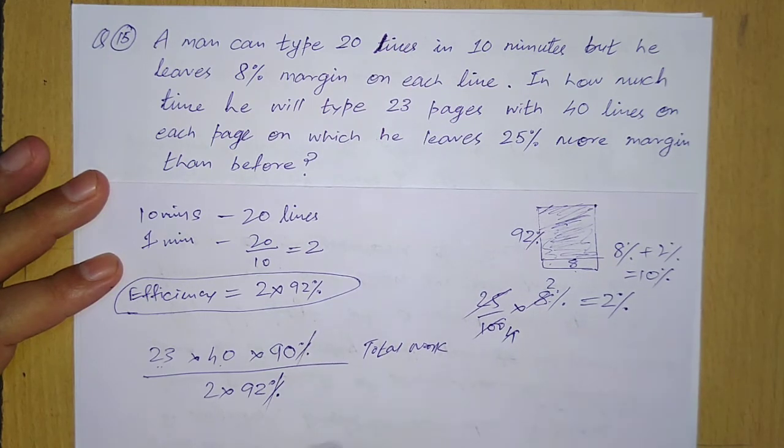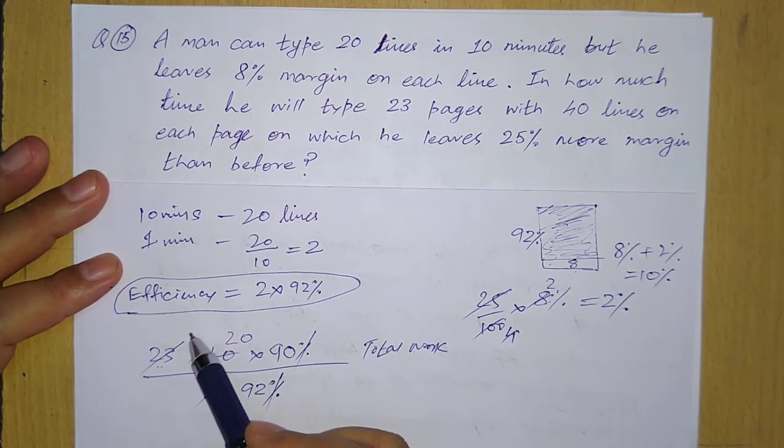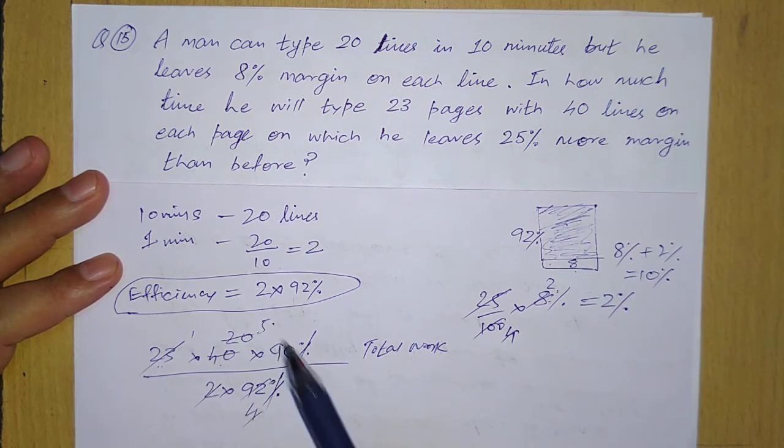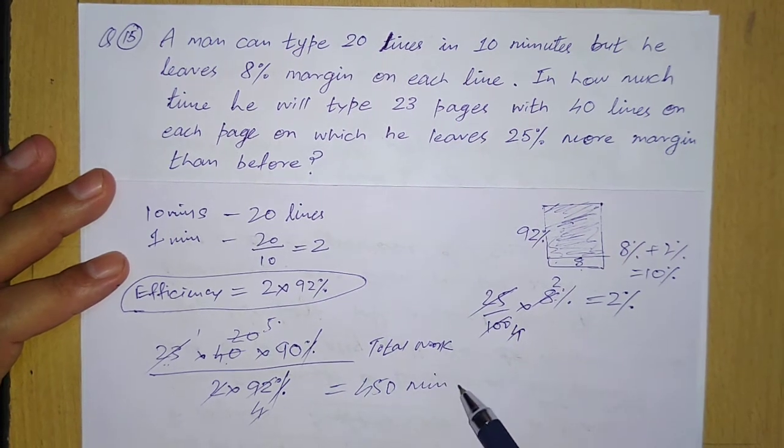Percent will be cancelled. So if we solve this, we will get 9 5s are 45, 450 minutes.